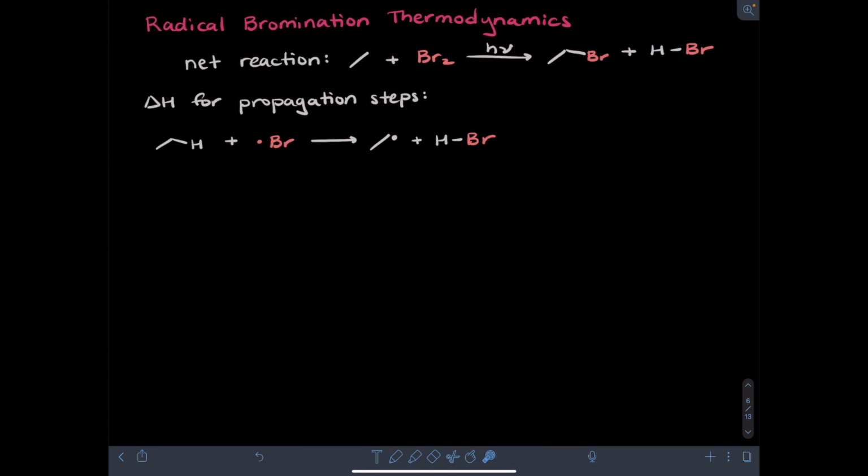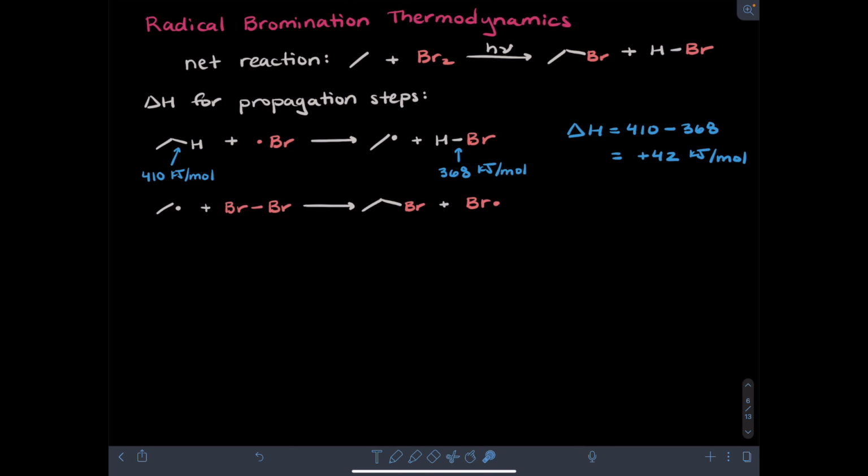This abstracts the hydrogen from the CH bond of ethane to make a carbon radical and HBr. The bond being broken in this case is the CH bond of ethane, and the bond formed is HBr. We could calculate delta H for this hydrogen abstraction step as being positive 42 kilojoules per mole. So notice that our rate-determining step, the hydrogen abstraction step, is endothermic in the case of radical bromination.